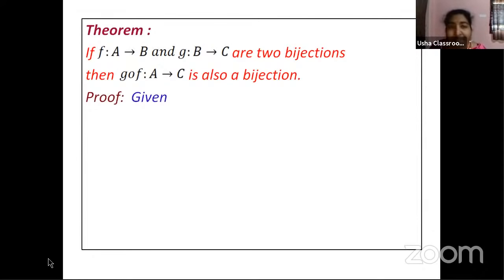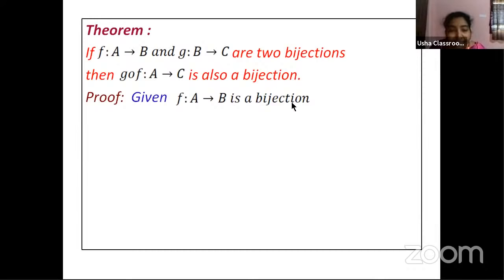What is it that you are given? You are given that F maps A to B is a bijection. What do you mean by a bijection? Just now I was mentioning it should be a 1, 1 function and it should be an onto function, right? Now for a 1, 1 function, what condition have we seen?